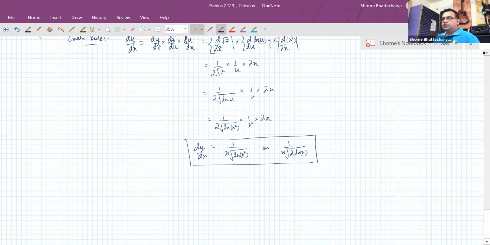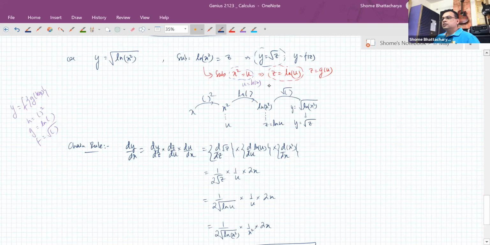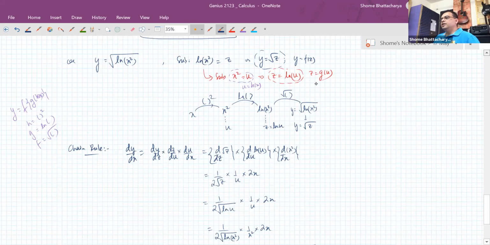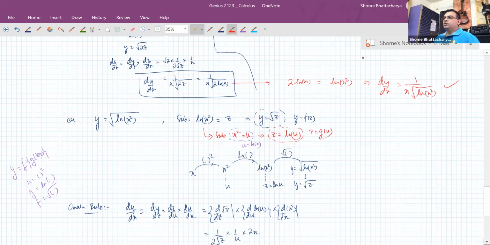Now see, 2 ln x is the same thing as ln x square. So I can also write dy by dx as 1 upon x square root of ln of x square. You can also write it like this. So the two are equivalent. That is a logarithm property.